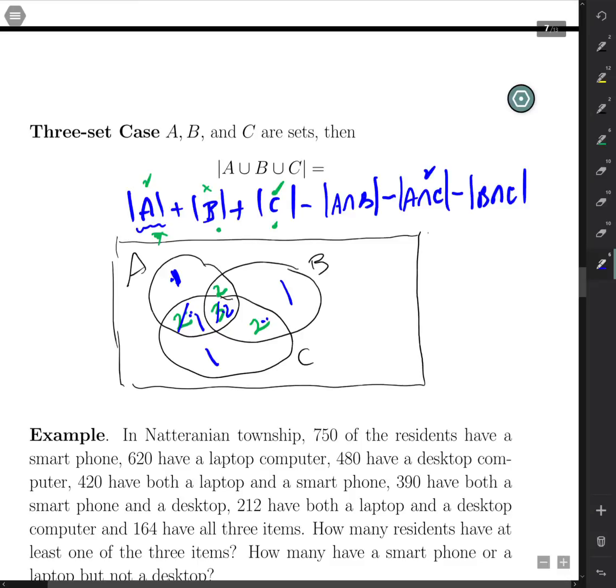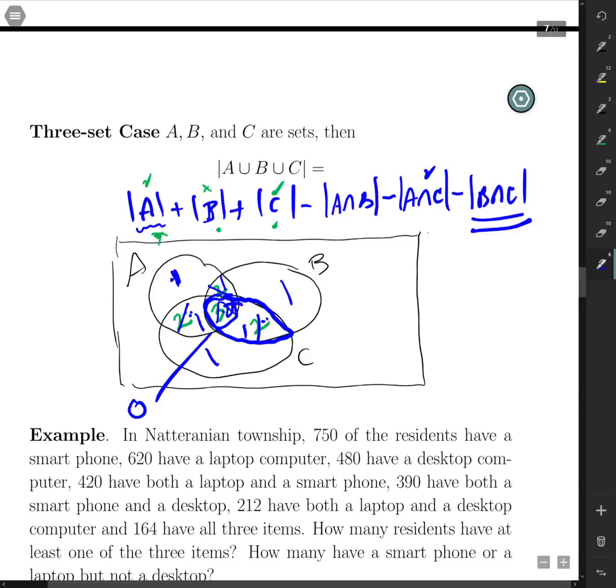That thing's in A and B, so that goes down to 1. These things are in A and B, so I'm subtracting that out again, so that goes down to 1. Now B and C, these things are counted twice. These things in this section are all counted here, and so if I subtract that, I move that down to 1. But this becomes 0 now in the count.